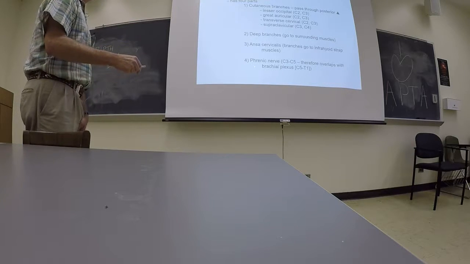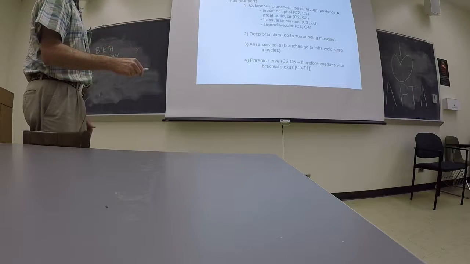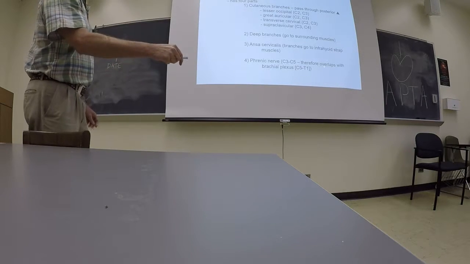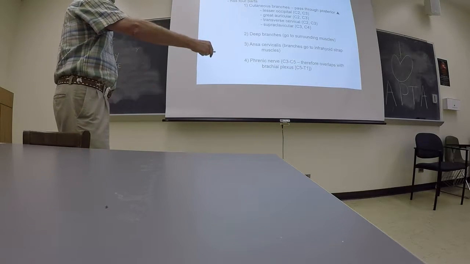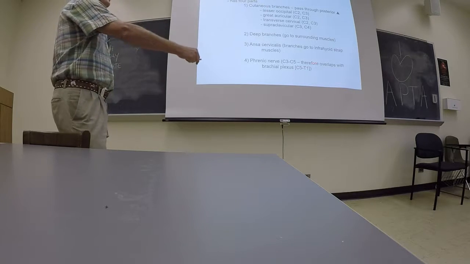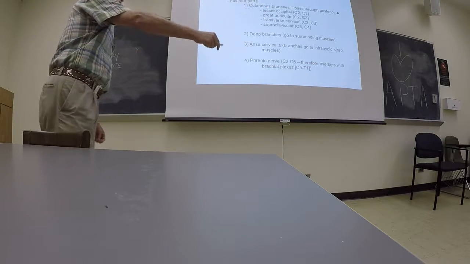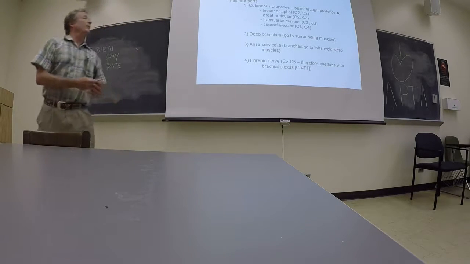And then there's your old friend, the phrenic nerve, which comes out of the cervical plexus because it's C3 through C5. And it picks up C3 and C4, obviously. C4 is part of the cervical plexus, it also picks up a little C5, which is part of the brachial plexus, but then it heads down, obviously, through the thorax to innervate the diaphragm.